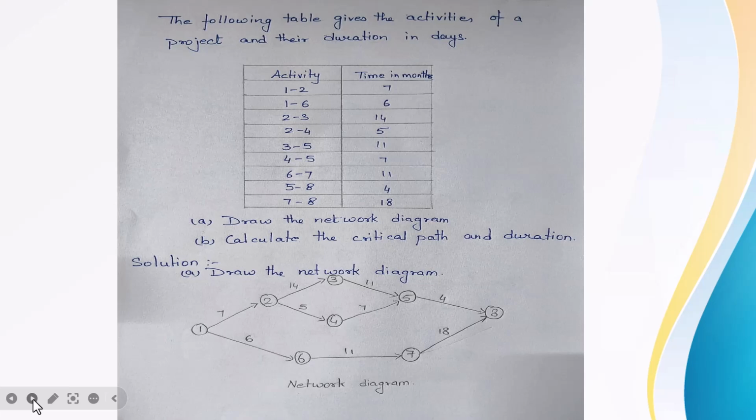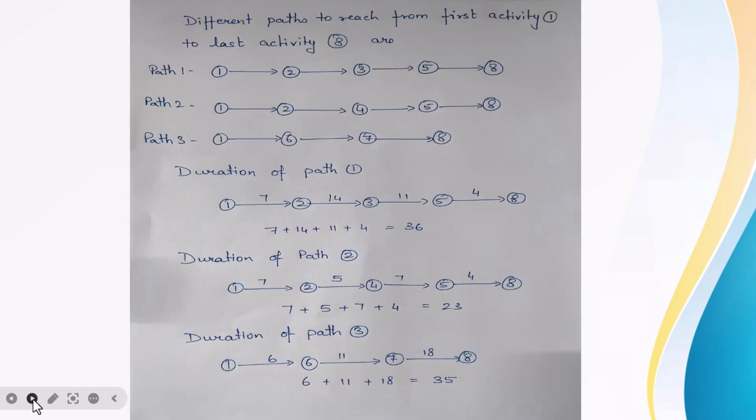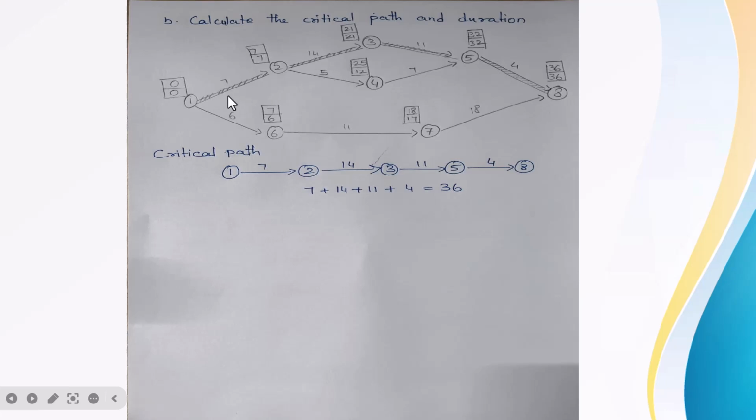Second part, to calculate the critical path or duration, you have to calculate the EST and LFT. EST is moving forward and LFT is moving backward. For EST, you have to add the previous activity's EST with the duration of the activity to calculate the EST of the next activity. And when there is a tie, you have to get the maximum value.